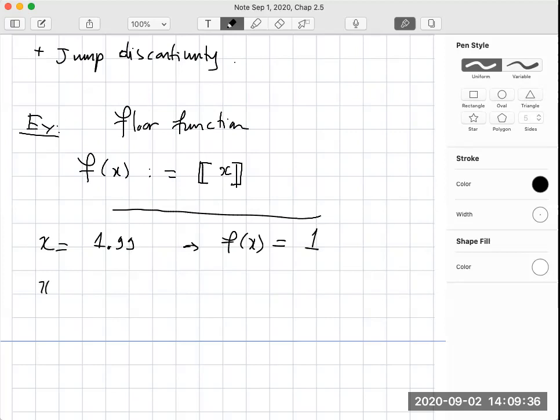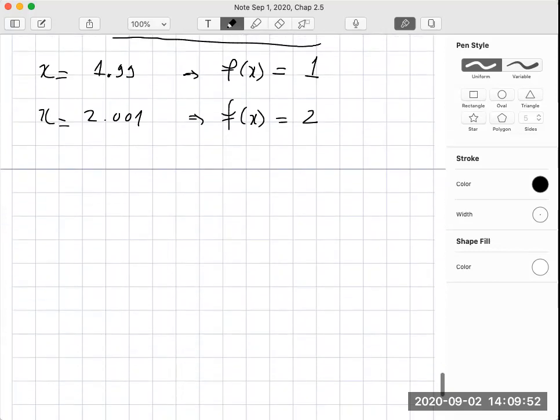How about at x is equal to 2.001? This function will return the value 2, the integer lower than the value here.